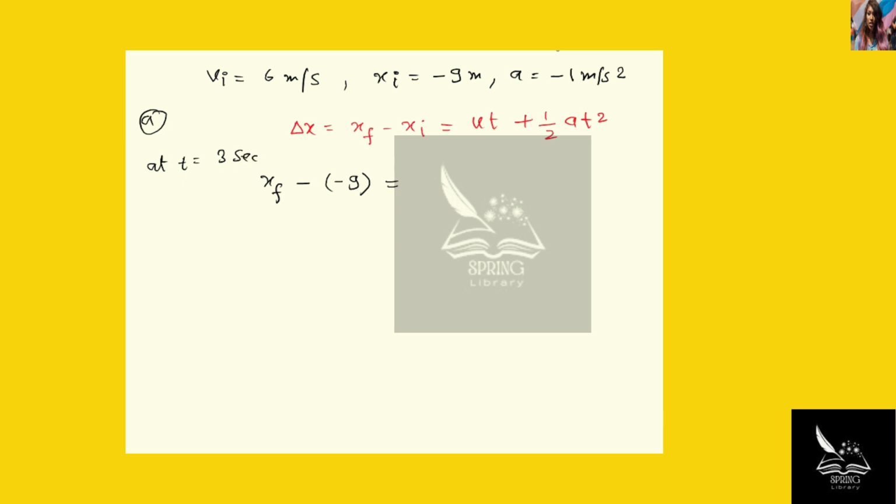So this will be equal to the initial velocity 6 meter into time 3 plus half into minus 1 into 3 square. After calculation we will get the final position of the man at time 3 second equal to 4.5 meter.